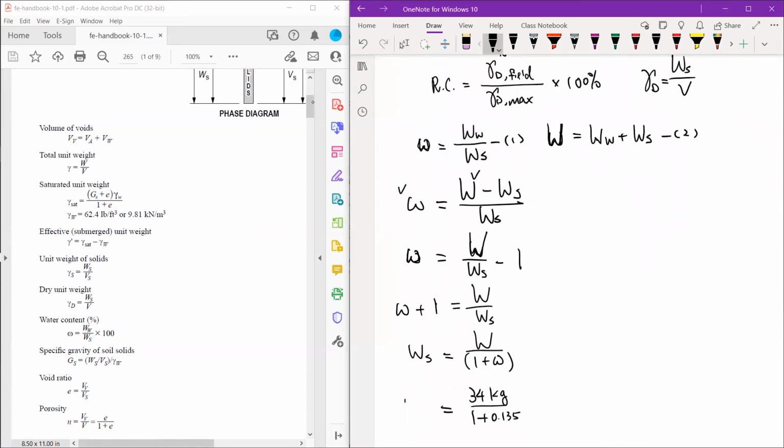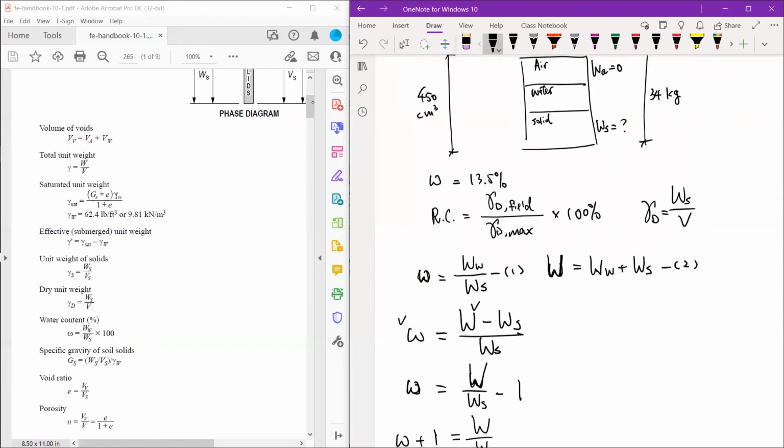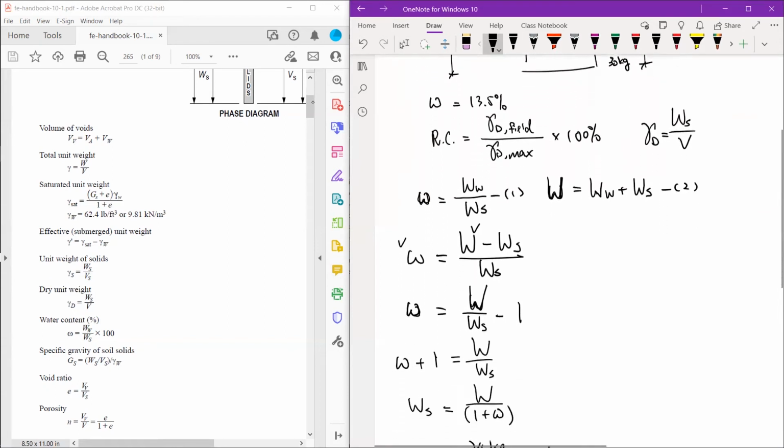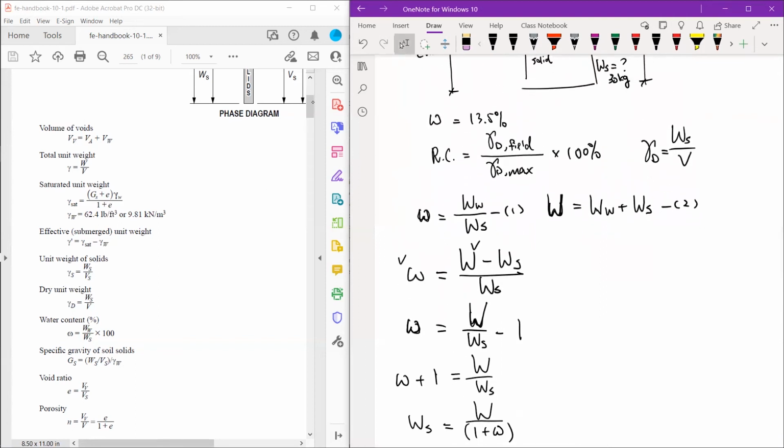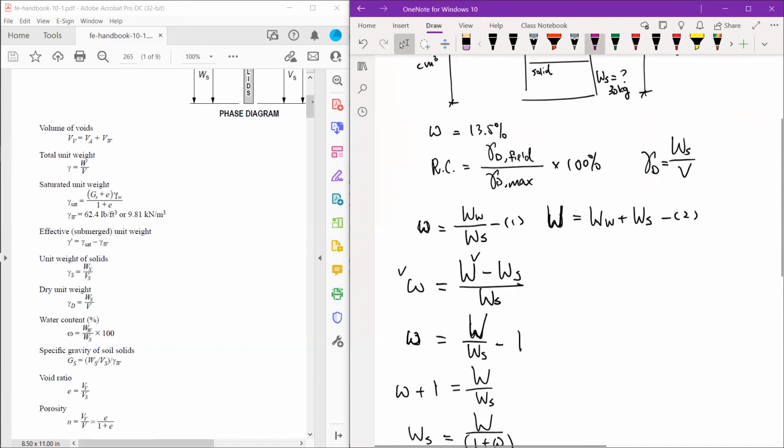With that, we can find the weight of solid to be 30 kilograms. After that, we plug back into the equations right here.